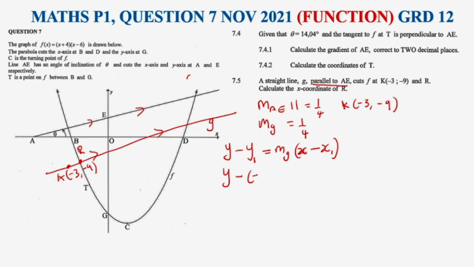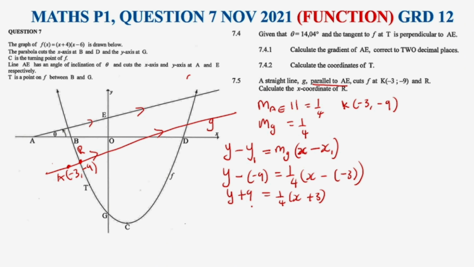y minus y1, which is minus 9, equals the gradient 1 over 4 times x minus minus 3. Close bracket. Therefore, if you solve this all together, you should reach y plus 9 is equal to 1 over 4 times x plus 3.